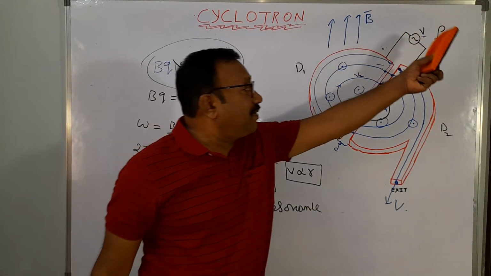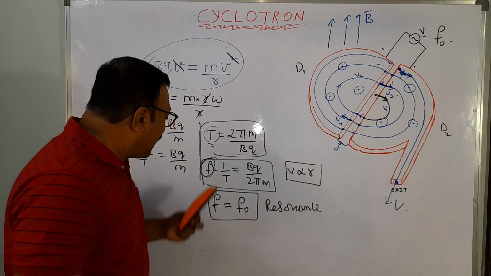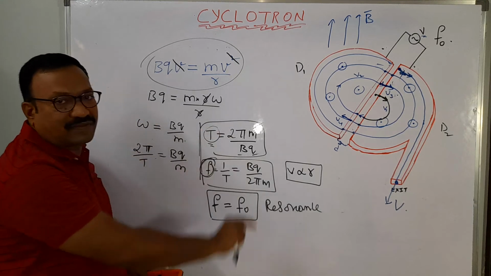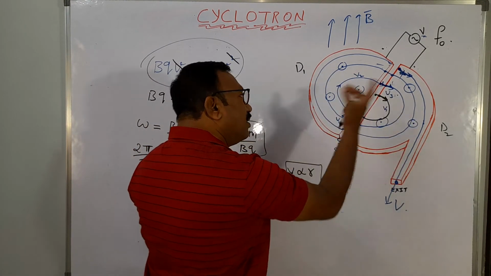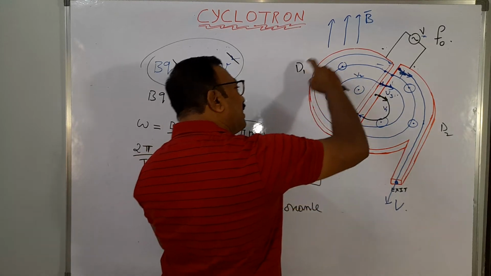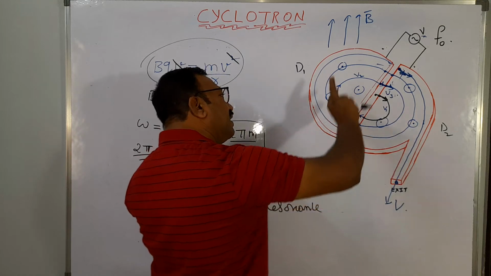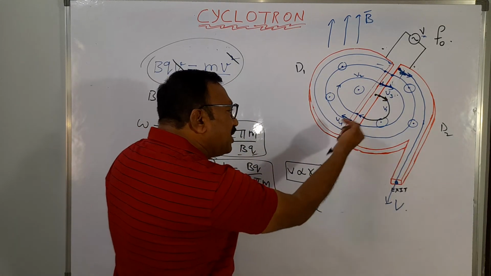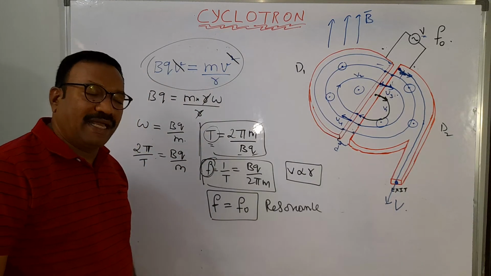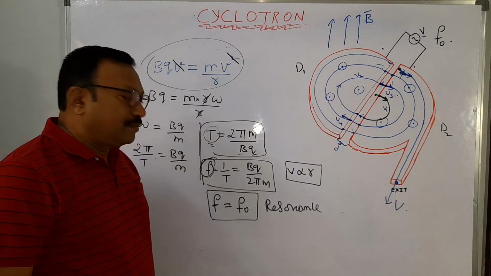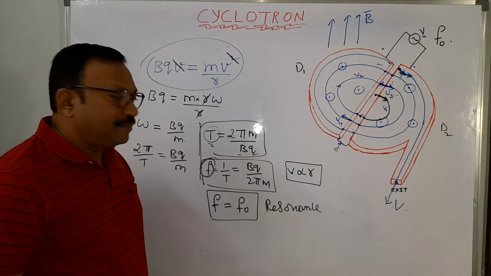Then exactly when it completes a half cycle, polarity will change. Again when it completes a half cycle, polarity will change. So that the particle is continuously accelerated between the D's. This is called the condition of resonance.